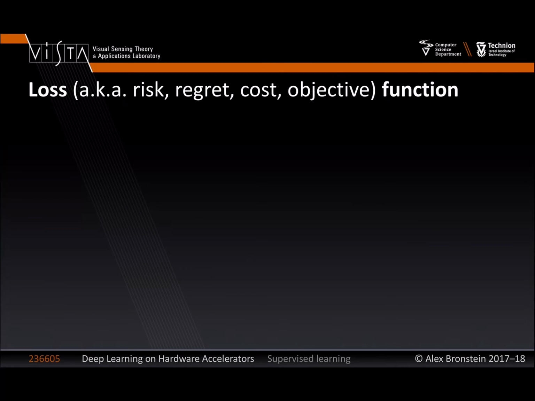So the next ingredient that we are talking about is called the loss function. In different literature, it is called risk, regret, cost, objective, or basically you name it. So loss is something that we would like to minimize, as well as regret and risk. Sometimes we have score, sometimes we have reward, sometimes we have other names that we would like to maximize. Okay, so in our case, we'll call it loss, and we would like to minimize this loss.